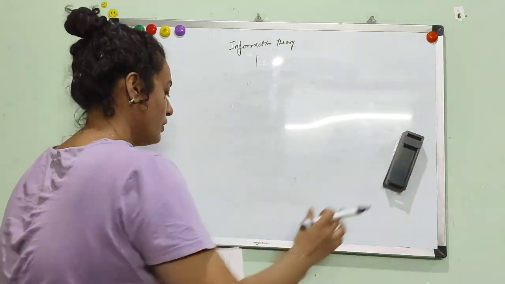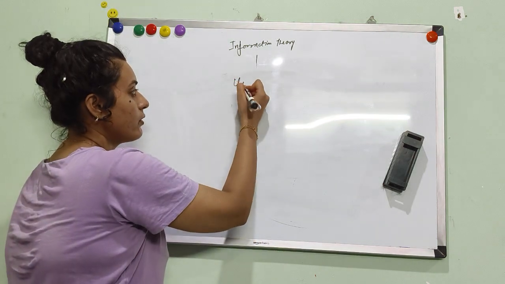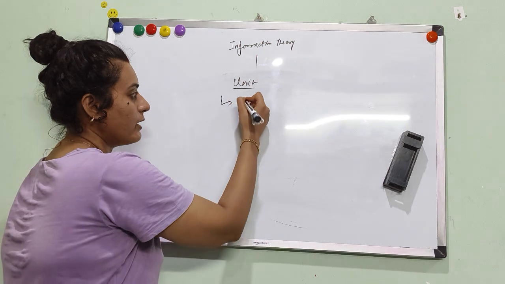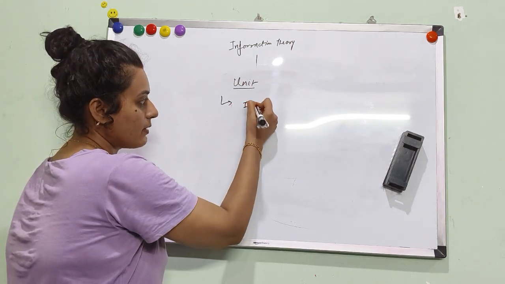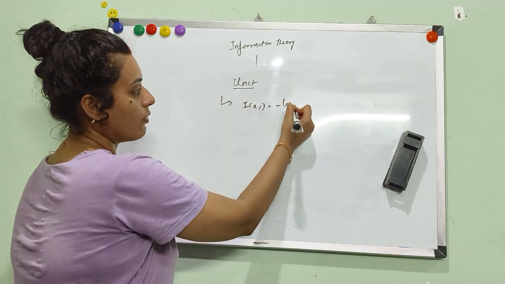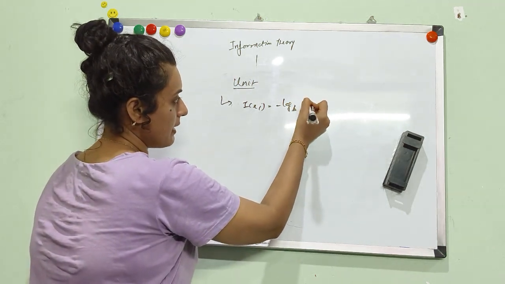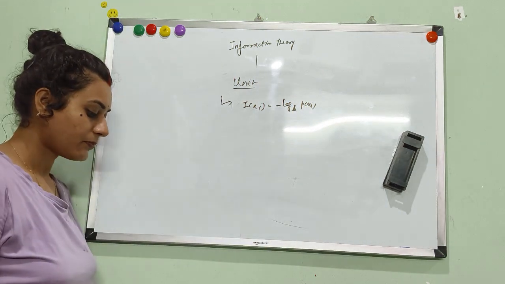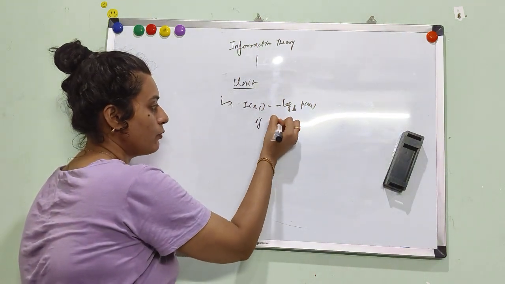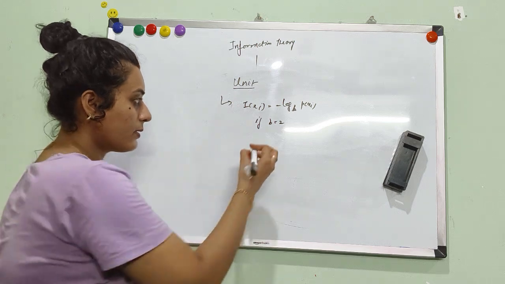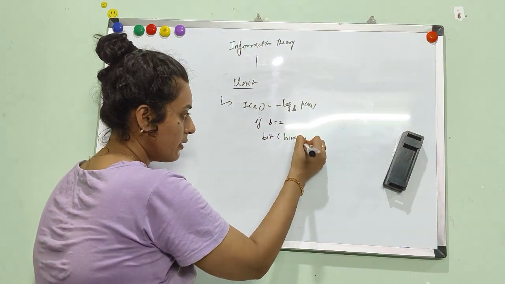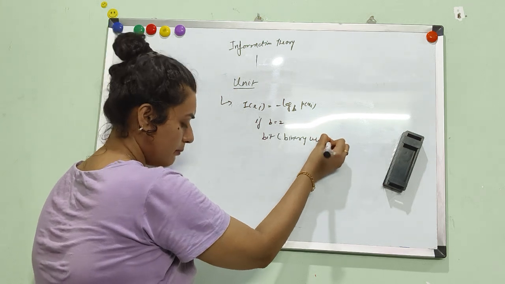What is its unit? I have already shown that in its expression there is log to the base b of P(xi). So the unit for b equal to 2 can be written as bit, binary unit, or binit.